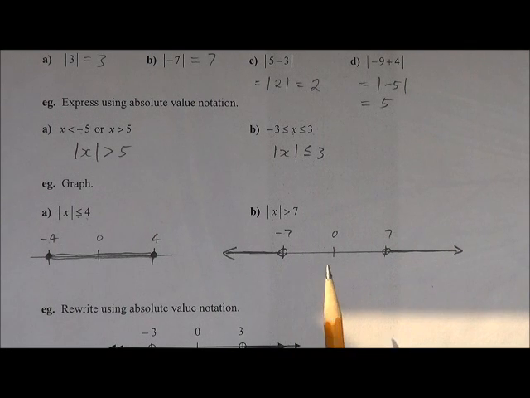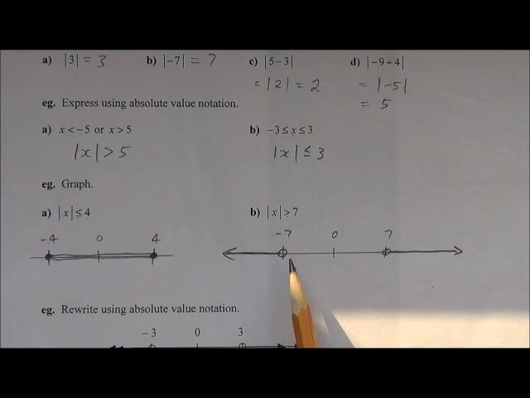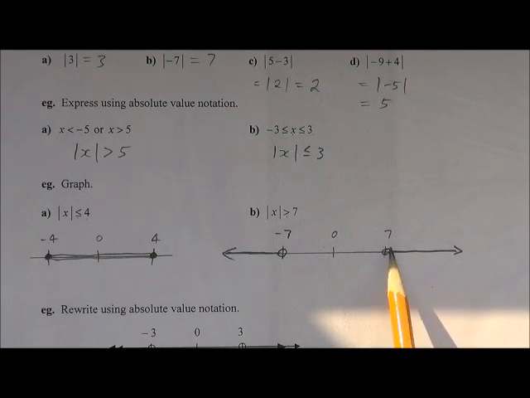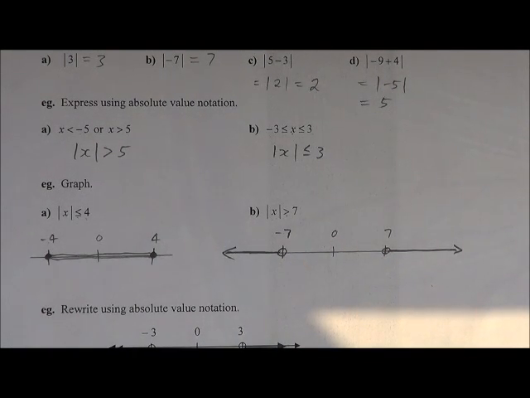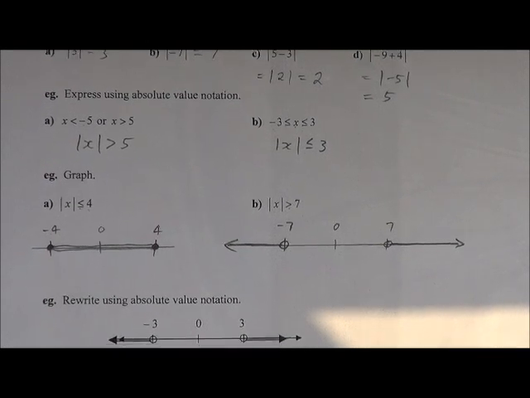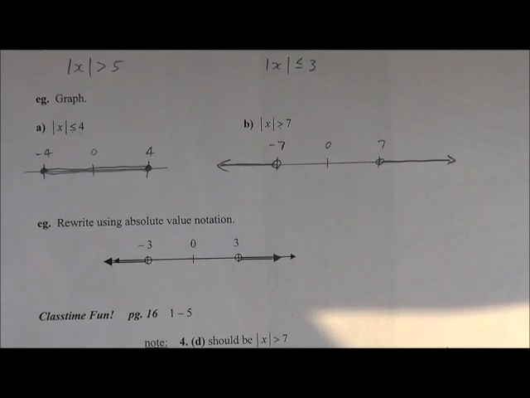Because we can't really draw that accurately, we wouldn't be able to just stop the line very, very close to the negative 7 or the 7 mark on the number line, because we could always magnify it and get even closer. So in order to draw it within our means, we'll use an open circle to indicate that we can get as close as we can mathematically, but we just can't draw it that accurately. So we use an open circle to say that 7 and negative 7 are not included in the domain of that function. Okay, and then now we're going to move on to the last example.